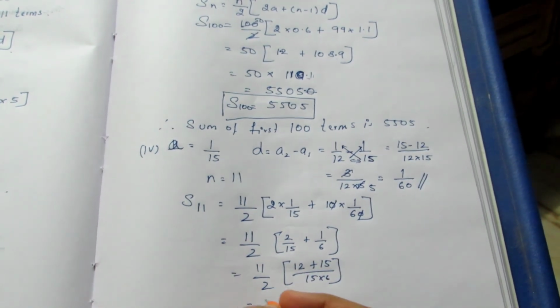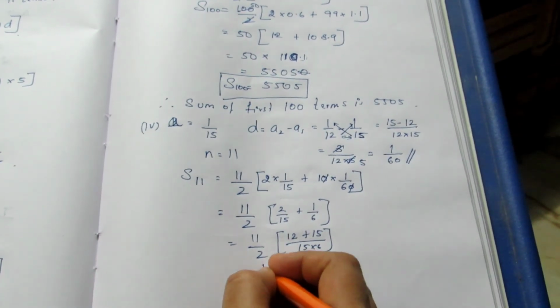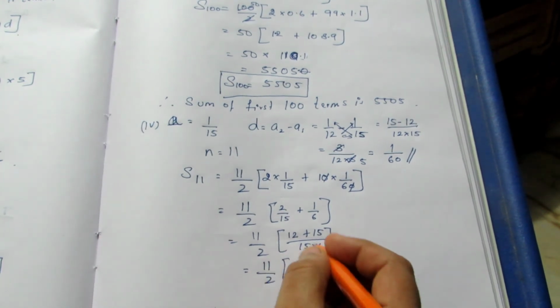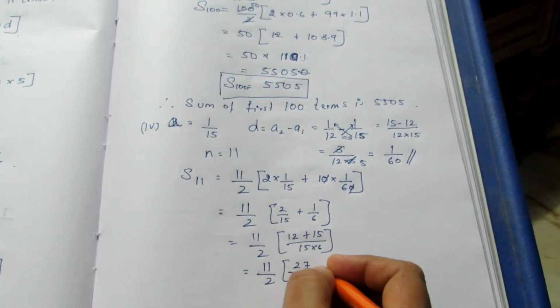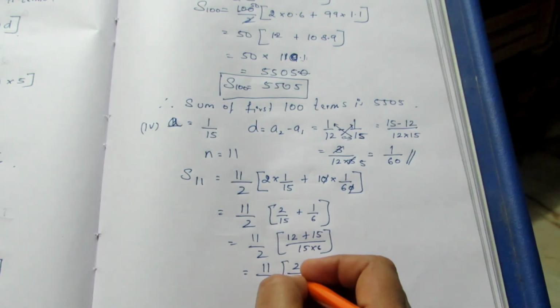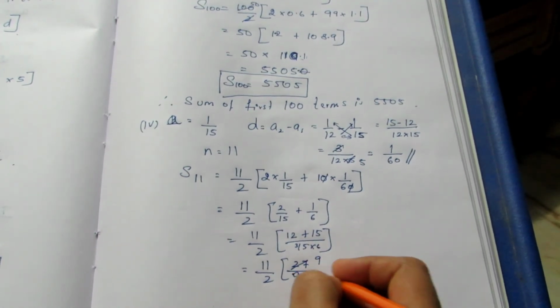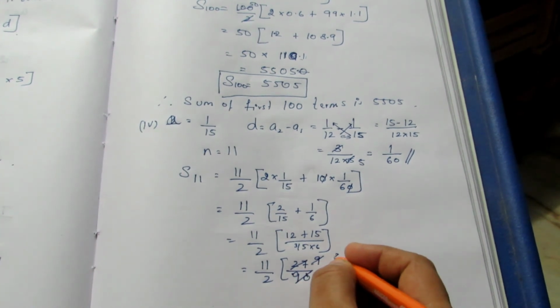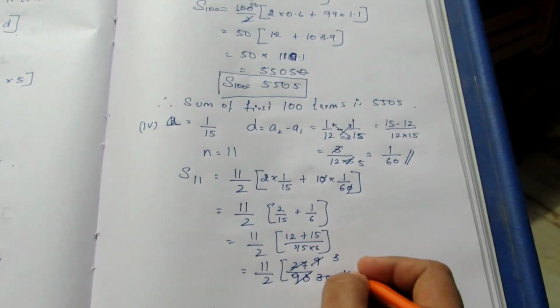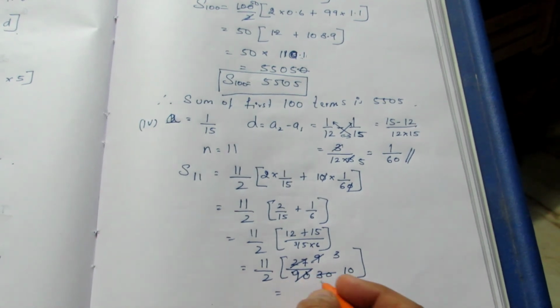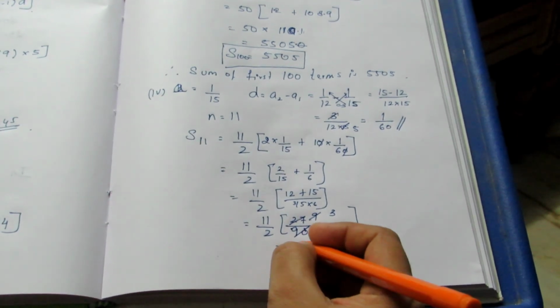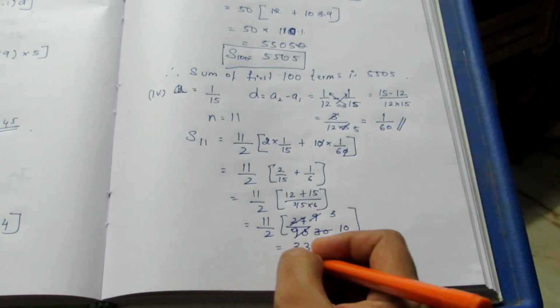If I solve this, I get 11 by 2 into 27 by 90. This goes in the 3 tables: 3 9s are 27, 3 3s are 9. Again in the 3 tables, 3 3s are 9, 3 1s are 3. Now you multiply the numerator with the numerator and denominator with the denominator. So it becomes 33 by 20.